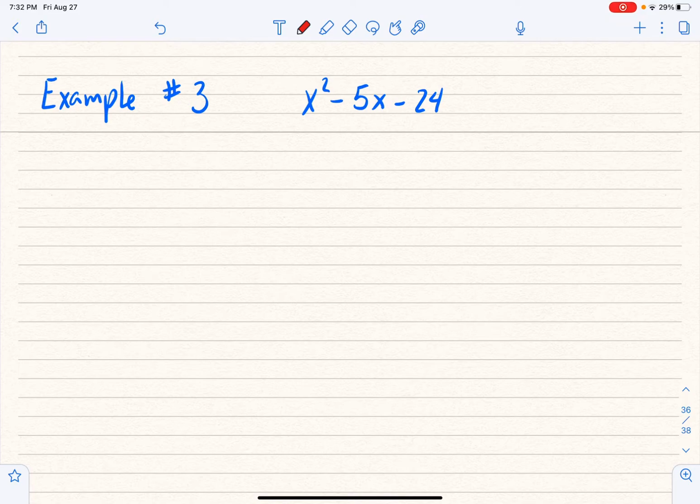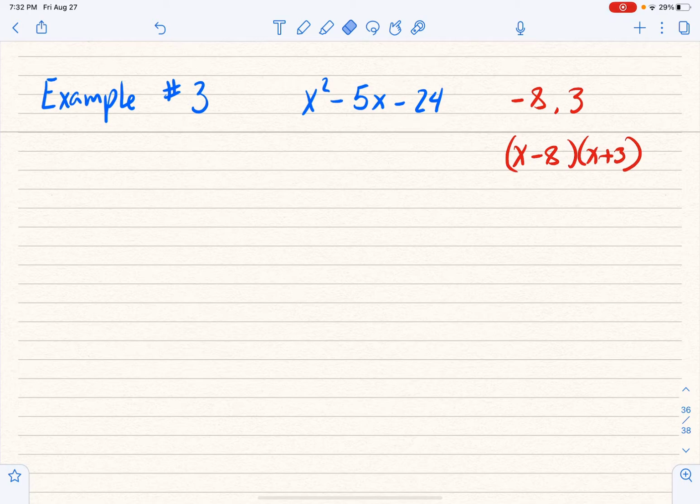In this one, if I'm looking for two numbers that multiply together to give me negative 24, but when I add them, I get negative 5, that would be negative 8 and positive 3. So we know that I'm just going to get x minus 8 and x plus 3, but how do we actually get there?